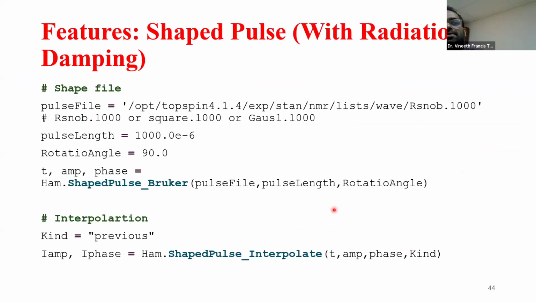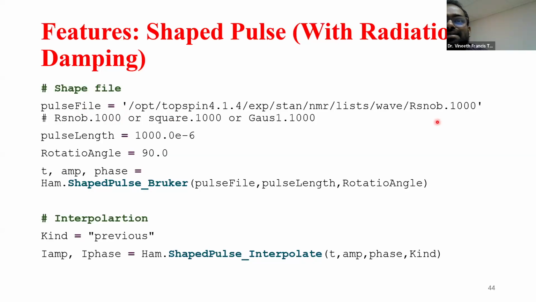Now, next, you can do shaped pulse simulation. This example, which is mentioned in detail in the example folder, simulates a shaped pulse with radiation damping. I'm using the shaped pulse from Bruker.